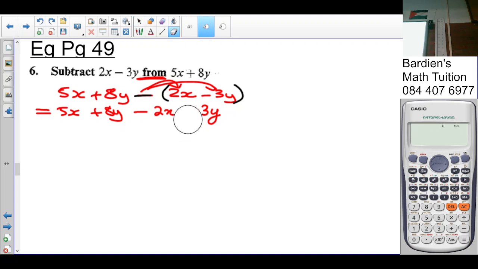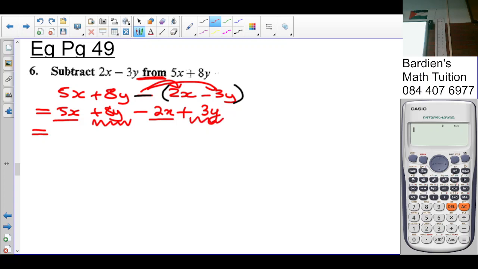Now we look for like terms. You ready? Right? So what's a like term to 5x? Negative 2x, yes? What's a like term to 8y? Positive 3y, right? What's 5x minus 2x?